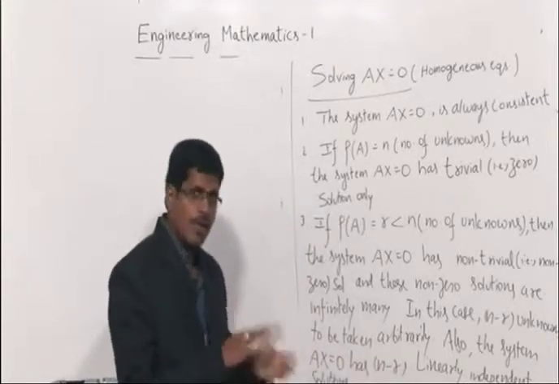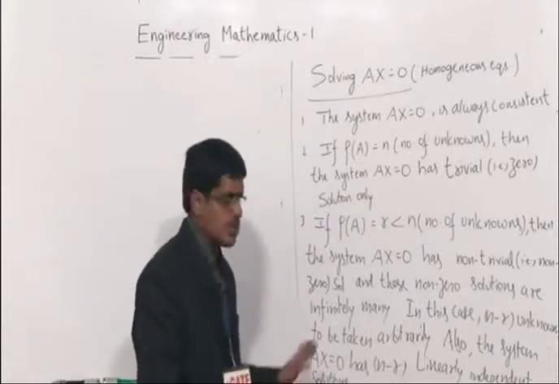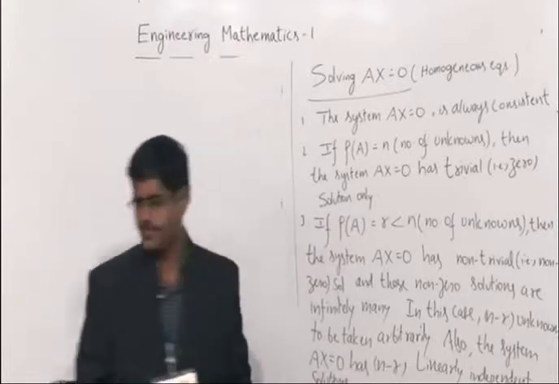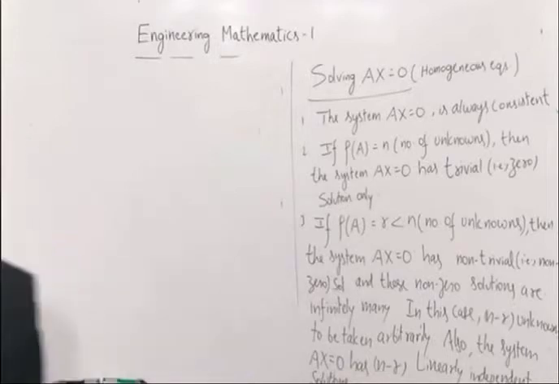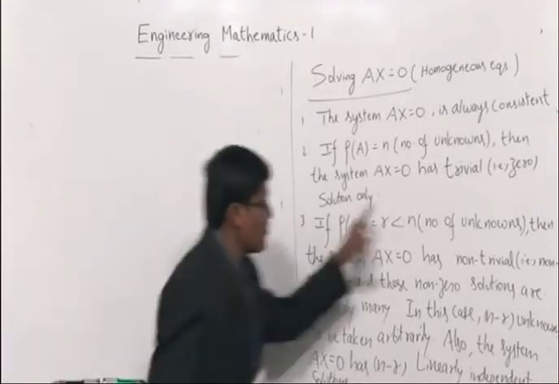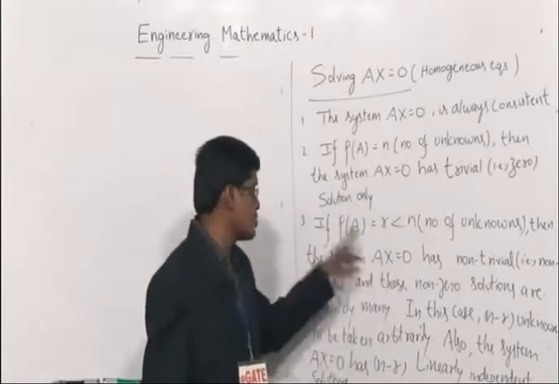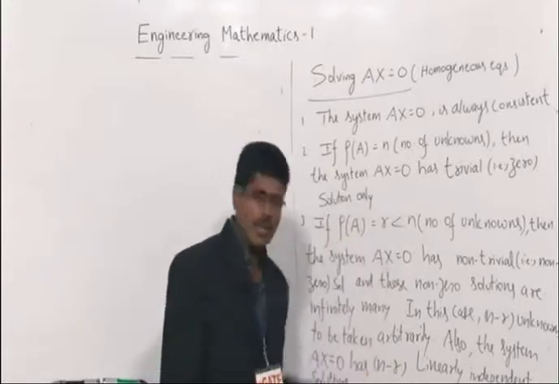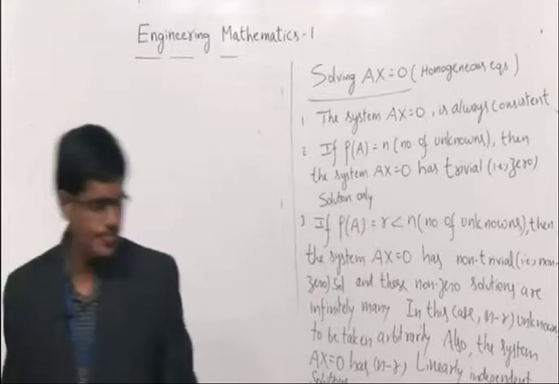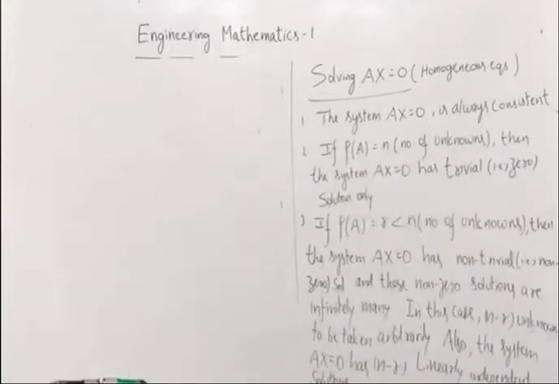I will show you what dependent and independent solutions are. First learn these points by heart: the formula for linearly independent solutions, the formula for the zero solution, the formula for infinite non-zero solutions according to ranks, and this one, n minus r. Problem.